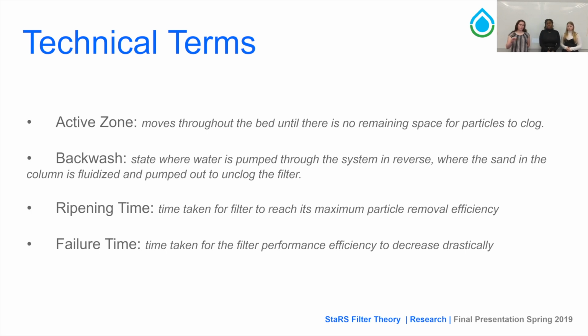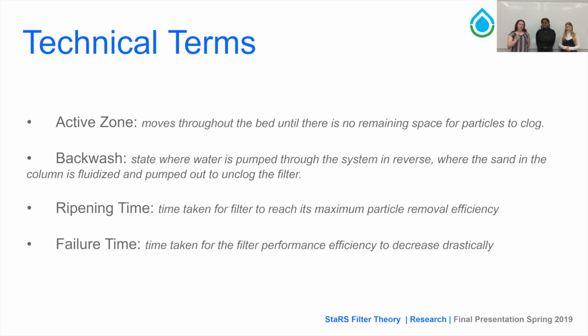Backwash is the stage that happens after filtration, after the filter has failed. Water runs backwards through the system and fluidizes the sand bed. That forces all of the material that was in the pores up and out of the system. That's very energy consuming, so we want to minimize the number of times we have to backwash.